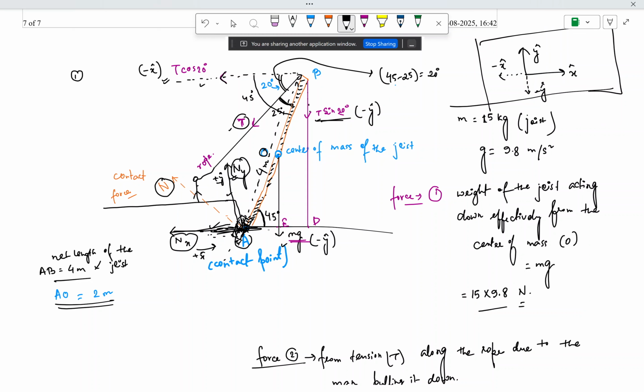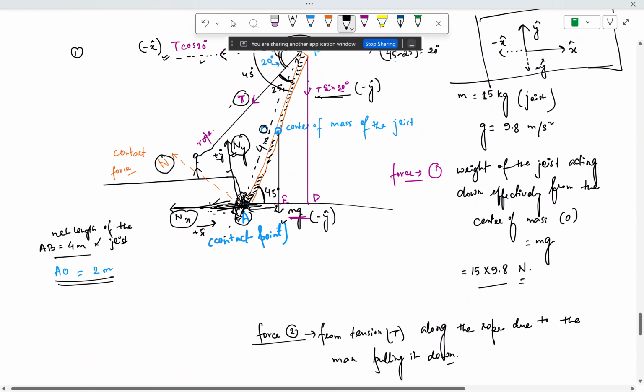So your application distance r vector has to be along the x direction, which is this direction, right? In this case, your r vector is A to E, your AE vector, for this force mg with respect to the contact point A.